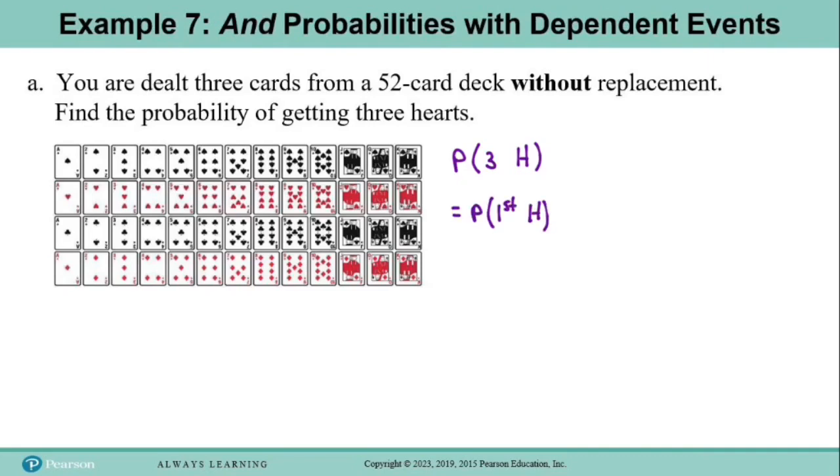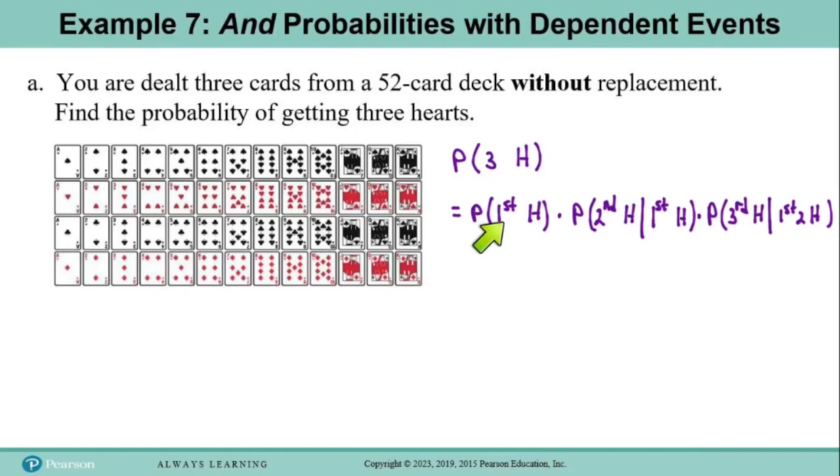We want to do the probability that the first card is a heart times the probability that the second card is a heart, given that the first one was a heart, times the probability that the third one is a heart, given that the first 2 were hearts. Now, we know there are 13 hearts in the deck of 52 cards.